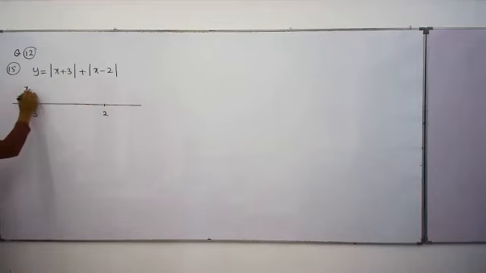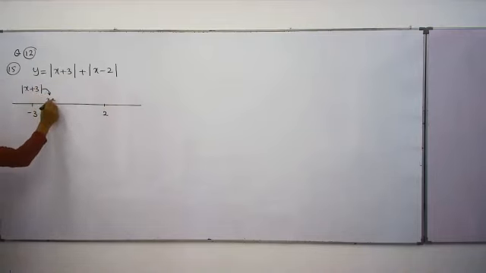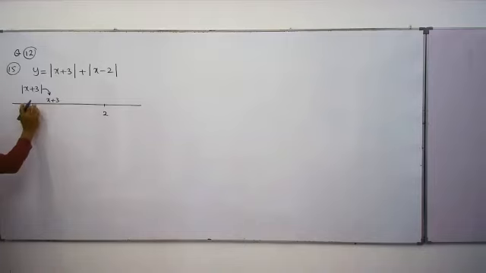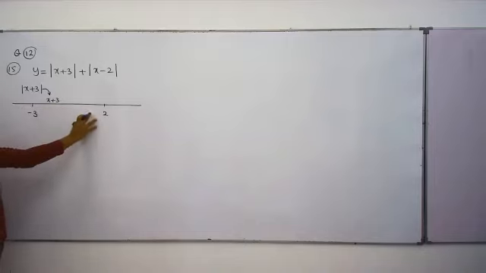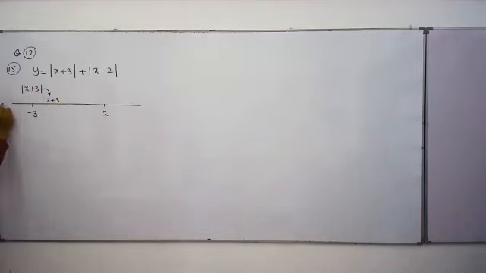Then, mod x plus 3, on the right hand side of minus 3, is equal to x plus 3. Including minus 3, to the right for all values, mod x plus 3 is equal to x plus 3. And on the left of minus 3, mod x plus 3 is equal to minus x plus 3.